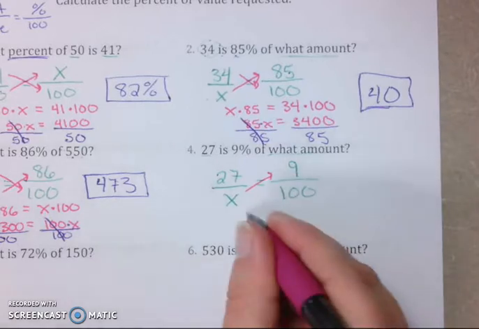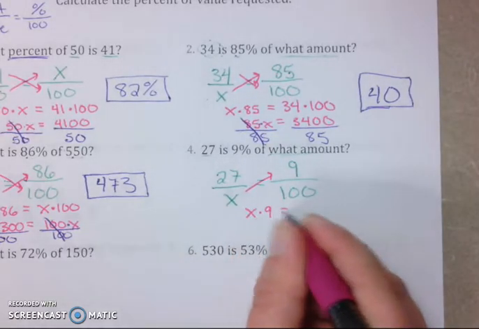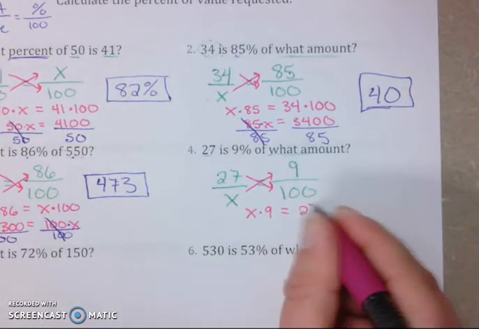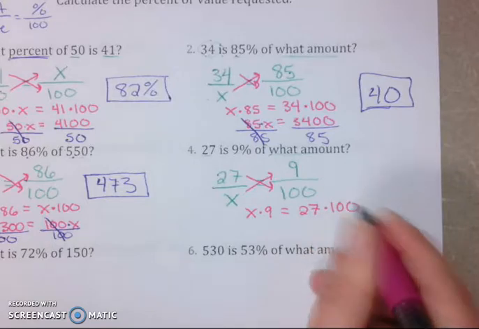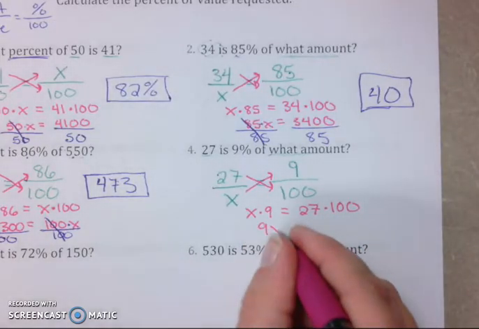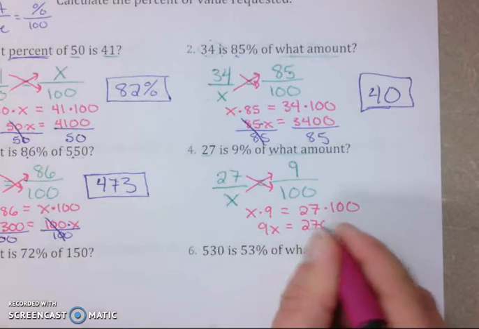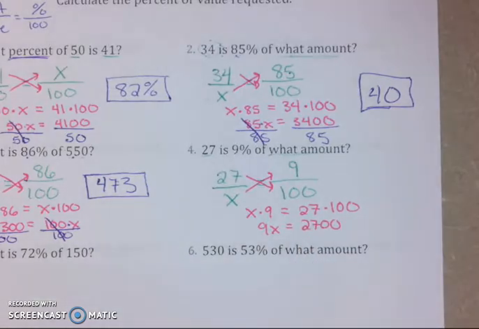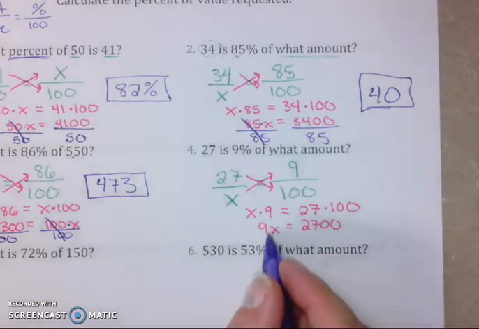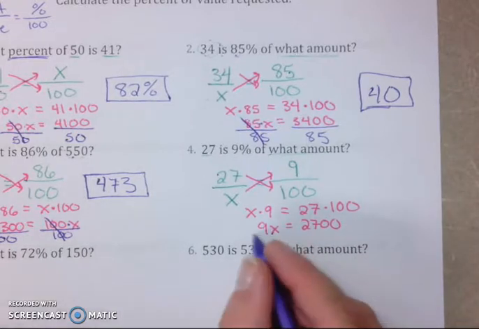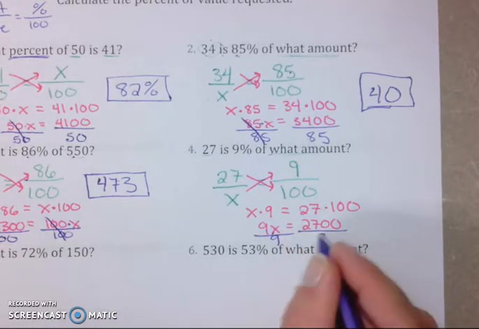Cross multiply. X times 9 equals 27 times 100. So I get 9x equals 2700 when I multiply those together. And to solve for x, 9 times x, undo times by dividing by 9 on both sides.